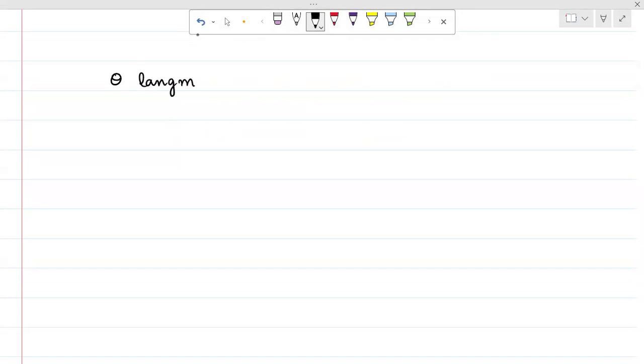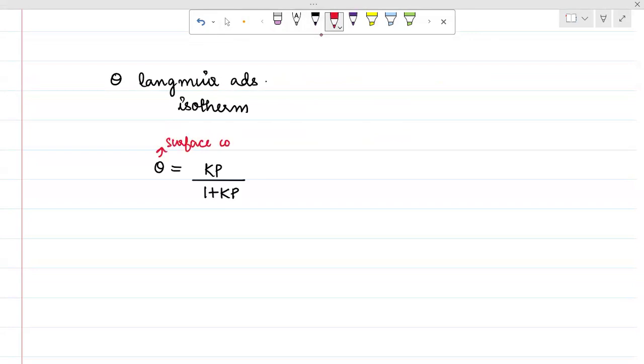For Langmuir adsorption isotherm, the equation is theta is equal to Kp by 1 plus Kp, where theta is the extent of surface coverage, P is the pressure of the gas, and K is the Langmuir's constant.